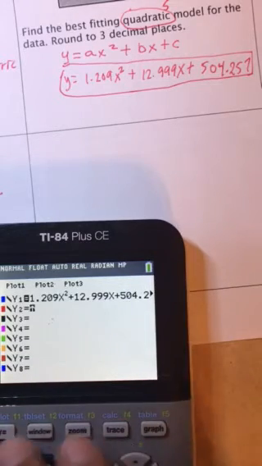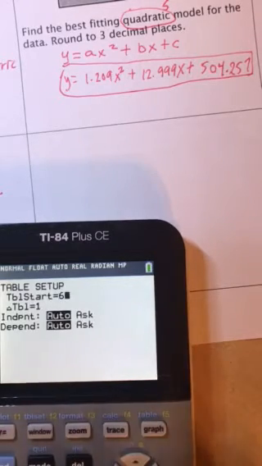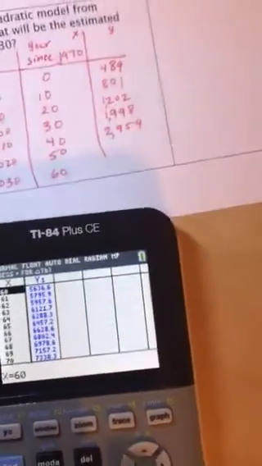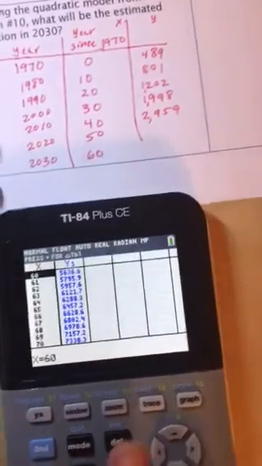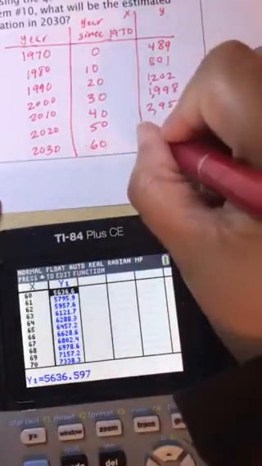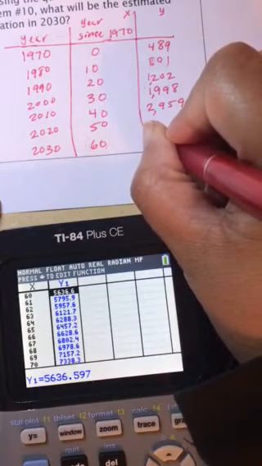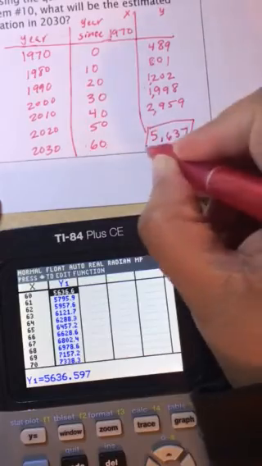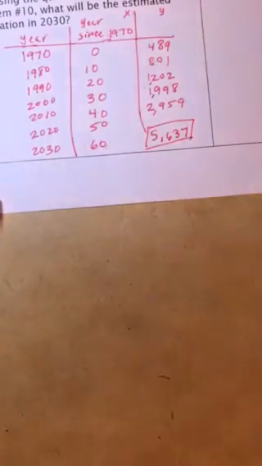Second graph. I want to go to 60. So if you look here, 60 is roughly 5,637. And that's our answer.